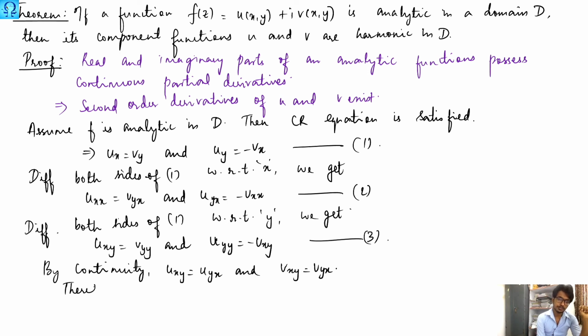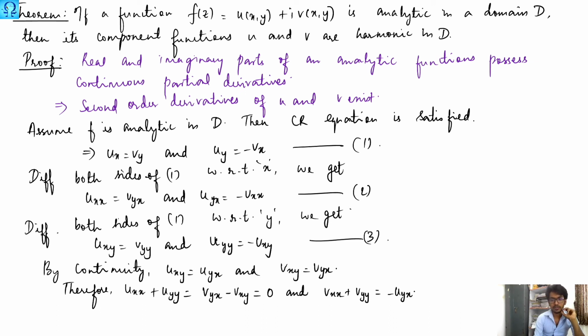Therefore, u x x plus u y y, that is, u x x is v y x, minus v x y. Because of the continuity, this is 0. And v x x plus v y y: v x x is minus u y x from equation 2, plus this is u x y.